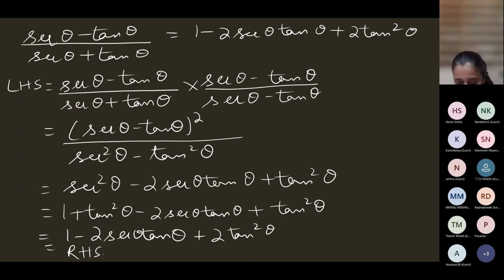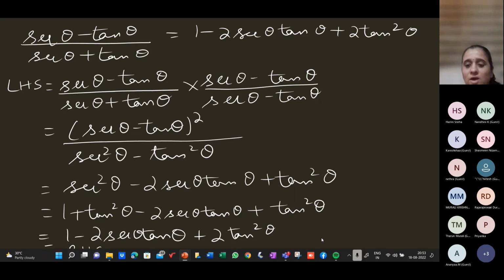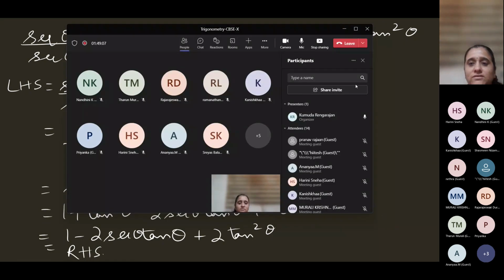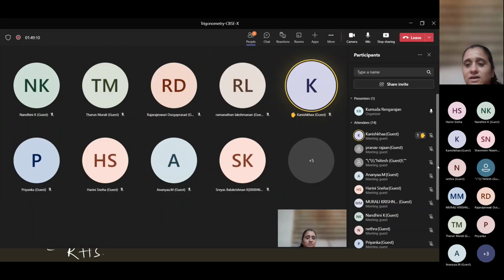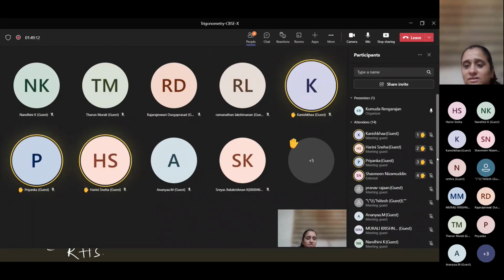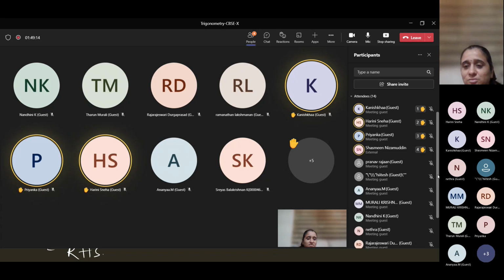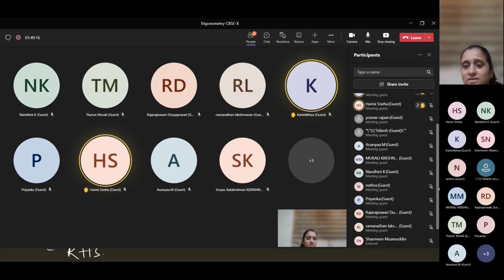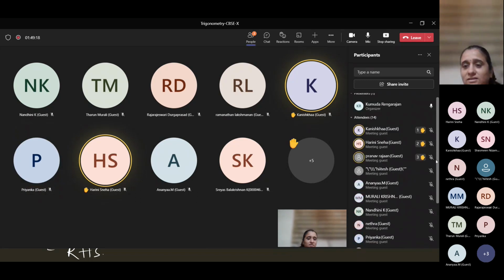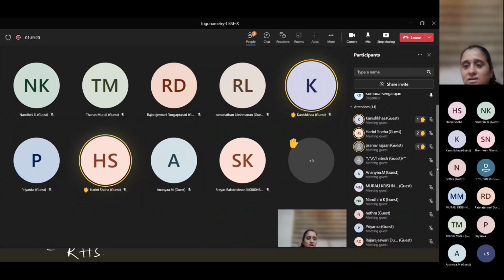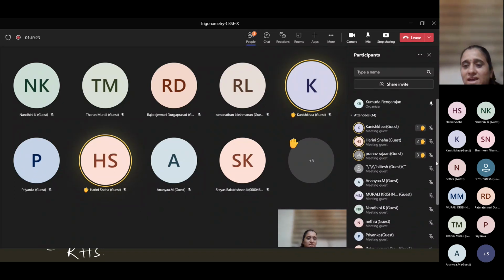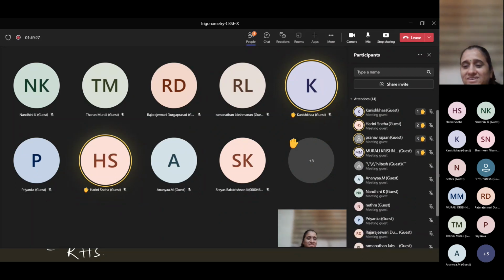Kanishka finished? Yes, ma'am. Completed. Very good. You got it right? How many of you finished? Raise your hand. Kanishka, very good. Harini, Sneha, Priyanka, Sashmin, very good. Kanishka, why hands up and down?